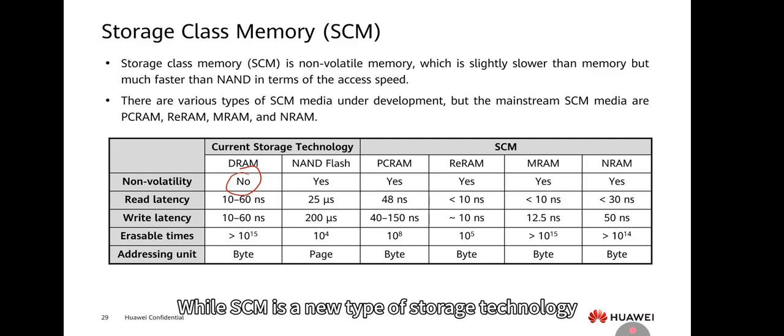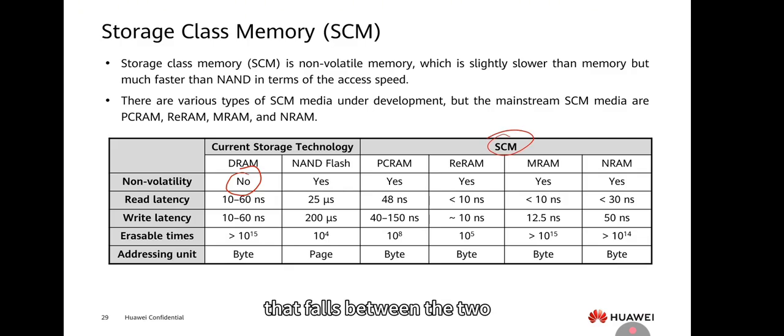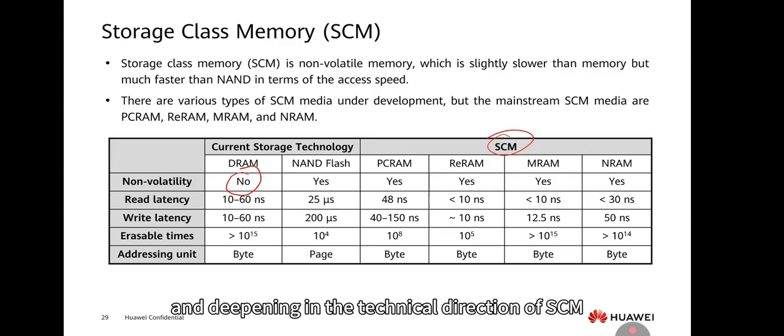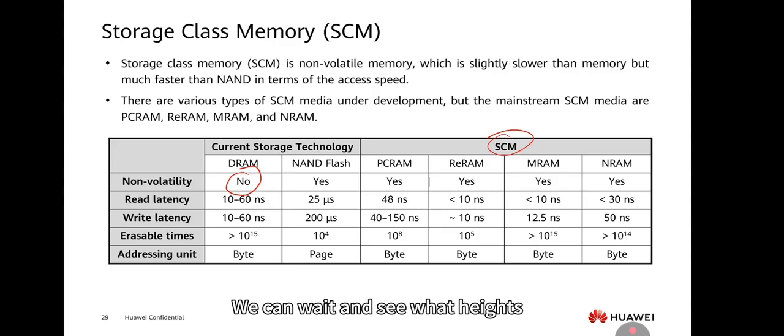SCM is a new type of storage technology that falls between the two. It offers speeds approaching DRAM and the non-volatility of NAND flash. The storage field is continuously evolving and deepening in the technical direction of SCM. We can wait and see what heights it can reach in the future.